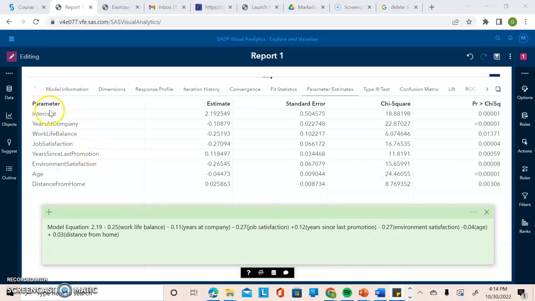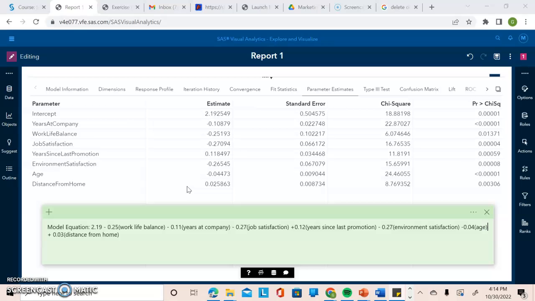You're going to start off with the intercept, 2.19, and then it'll be minus 0.25 times work-life balance, minus 0.11 times the years at the company, minus 0.27 times job satisfaction, plus 0.12 times years since last promotion, minus 0.27 times environment satisfaction, minus 0.04 times age, and then plus 0.03 times distance from home.